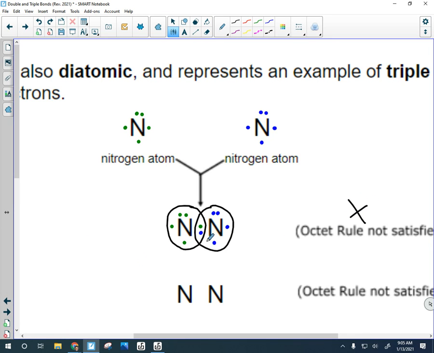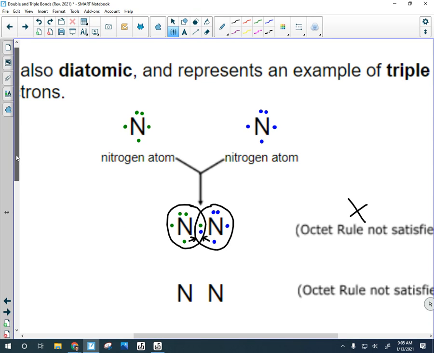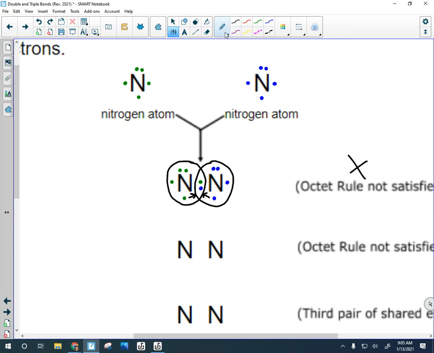Okay, so we're going to do the same thing. Let's think about shifting these in as bonding rather than non-bonding electrons into the middle. We'll see what that looks like. Redoing this, we've got 1, 2, 3. And now I'm going to have 2 bonding electrons. So it's still 5.